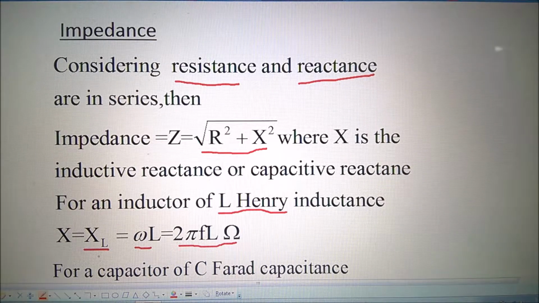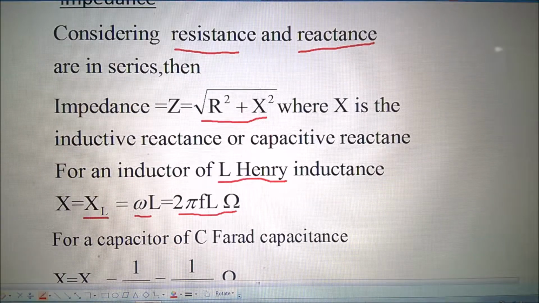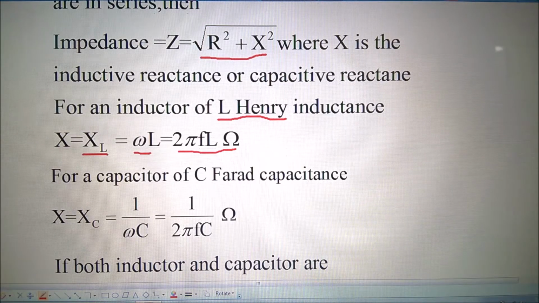If a capacitive reactance is present, we can find the capacitive reactance with this formula, 1 by omega C, and we can replace X by XC if it is a capacitive circuit, an RC circuit.